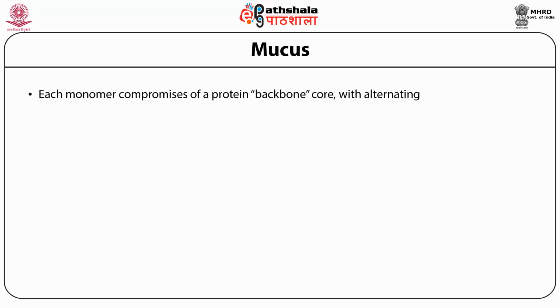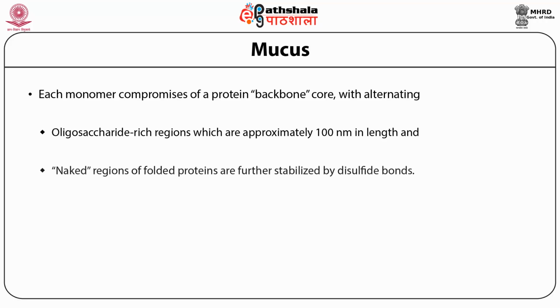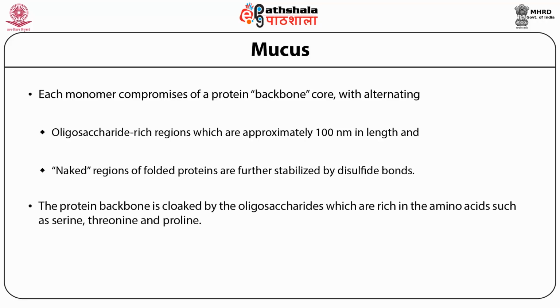Each monomer comprises a protein backbone core with alternating oligosaccharide-rich regions approximately 100 nanometers in length, and the naked regions of folded proteins are further stabilized by disulfide bonds. The protein backbone is cloaked by the oligosaccharides, which are rich in amino acids such as serine, threonine, and proline.